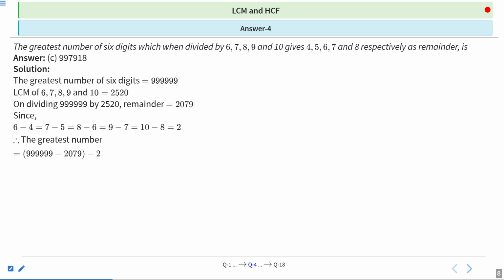Because when we subtract 2,079 from 9,99,999, the number we get should be exactly divisible by 2,520. And we then subtract the difference of 6 and 4, 7 and 5, 9 and 7, and 10 and 8. So we are going to get 9,97,918 as the greatest number of 6 digits. So option C is the correct answer.